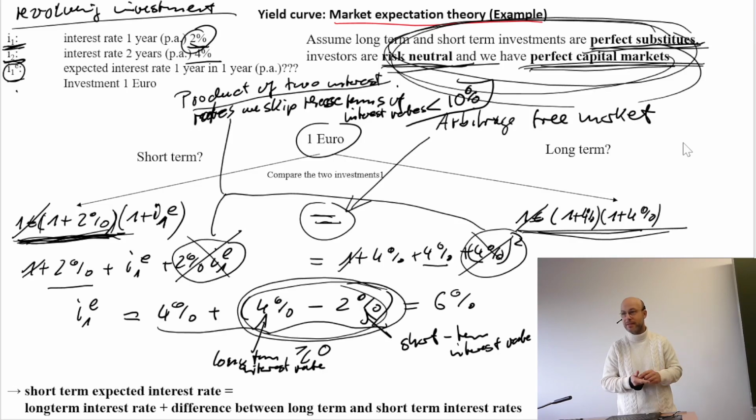And now we go to the business cycle. When will it happen in general that central banks will cut interest rates? In which kind of an economic situation will we be?